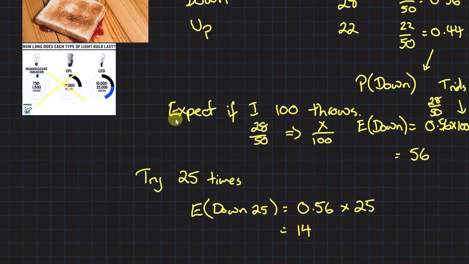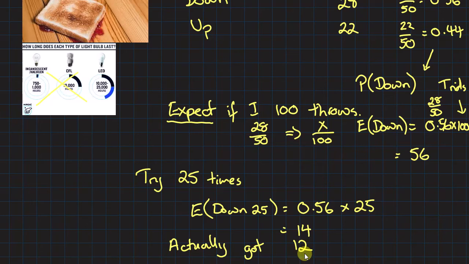Now, it's important to understand the idea of expect. If I did it 25 times, I might find that I actually got 12. Are we going to say that means our probability is wrong or something different's happening? Well, 12 is quite close to my expectation.